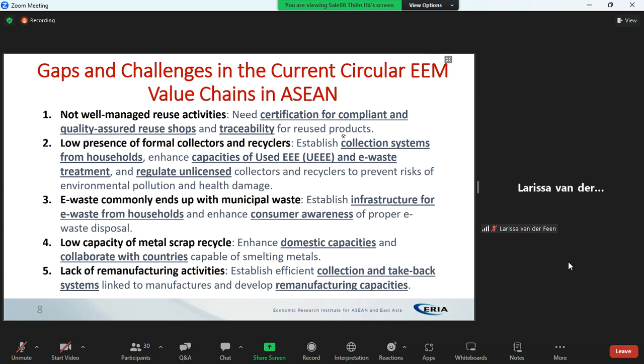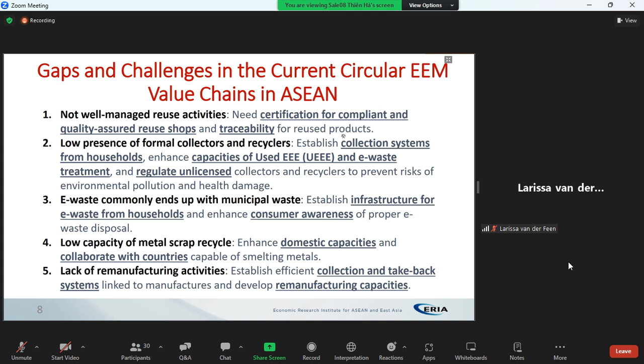The third one is that e-waste commonly ends up with municipal waste. To deal with it, we need to establish infrastructure for e-waste from households and enhance consumer awareness of proper e-waste disposal. The fourth one is the low capacity of metal scrap recycling.